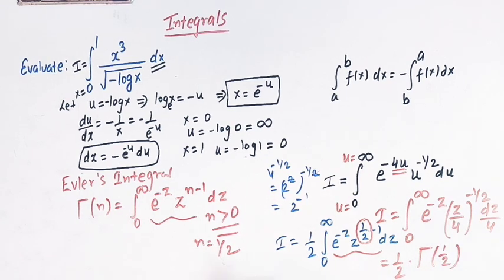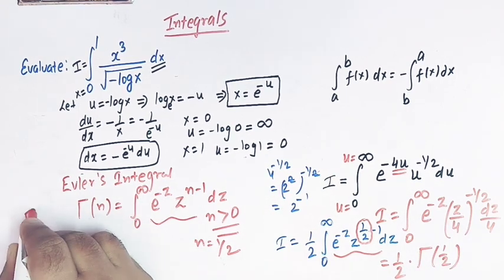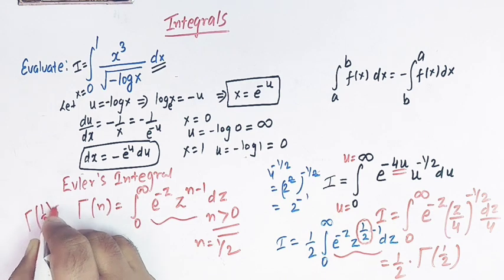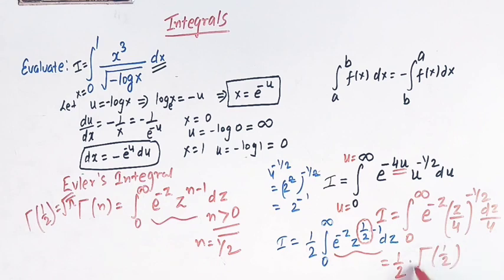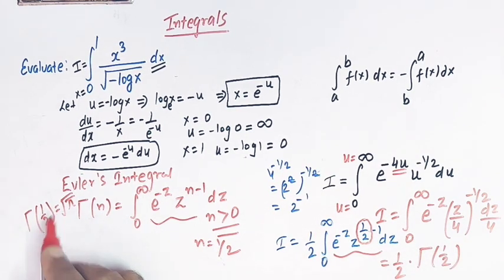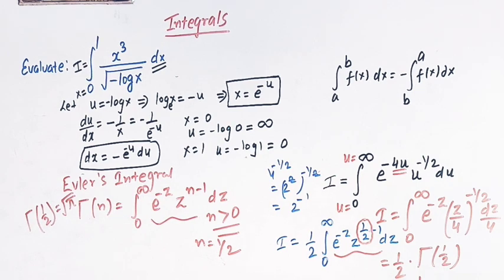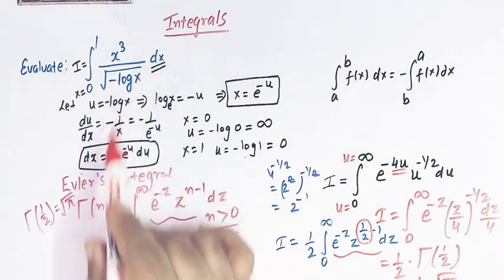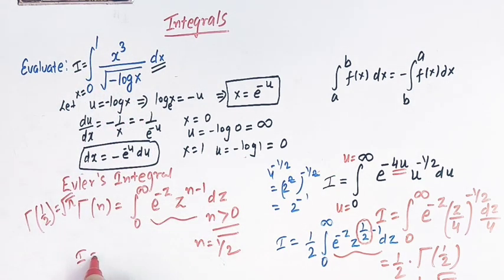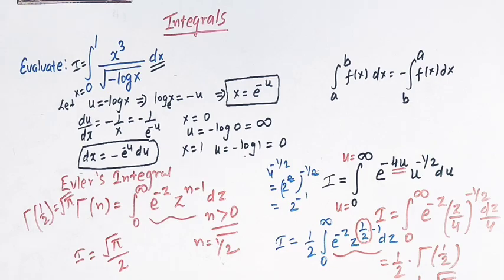And we know that the value of gamma of half is square root of pi, so we have half times square root of pi. So viewers, the value of this integral I is equal to square root of pi divided by 2.